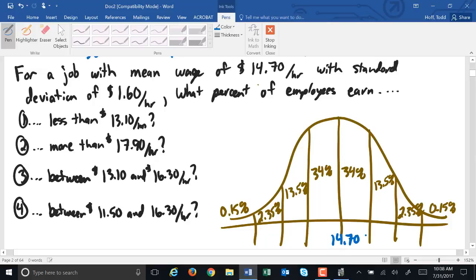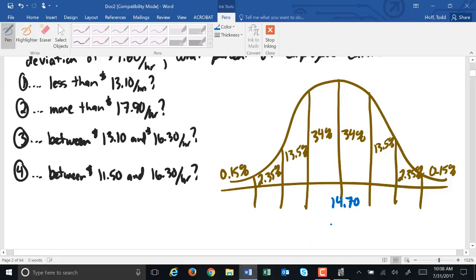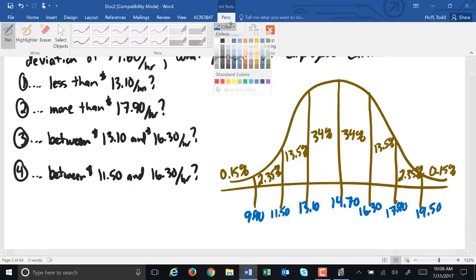Well, 14.70 will go in the middle. Now going left, it would be 13.10, 11.50, and 9.90. Okay. Going the other way, 16.30, 17.90, and 19.50.